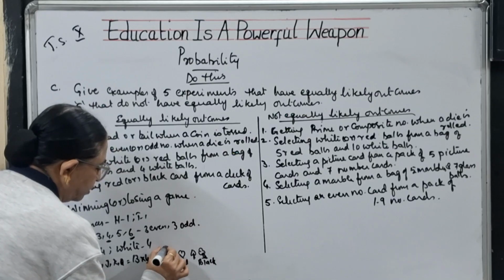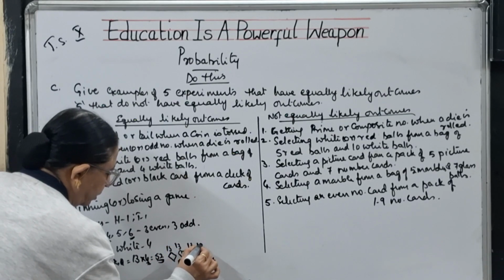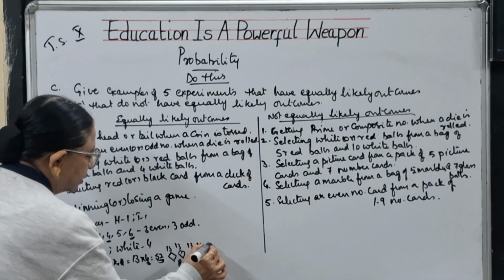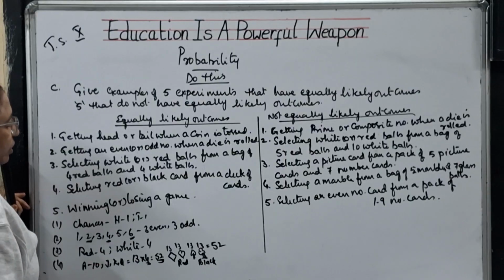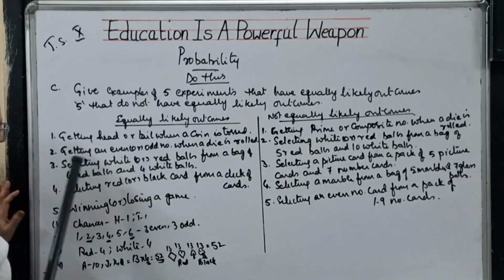Each one will be 13, 13, 13, 13, so totally 52 cards are there. Each one has the same number, so we can say that red and black are also equally likely outcomes.